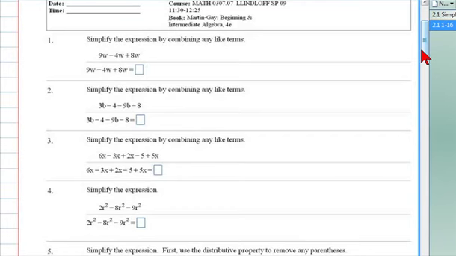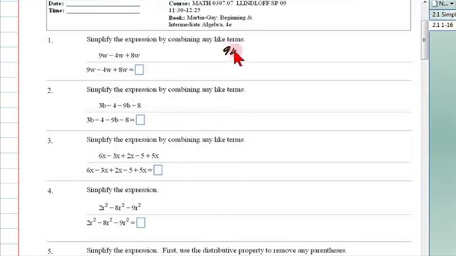All right. I'm going to simplify expressions. Every single problem, what I'm looking for is, can I use the distributive property? Can I combine like terms? So I have 9W minus 4W plus 8W. And so my writing is going to be a little bit bolder than what is on there. Okay? Any distributive property in problem number 1? No, because there's no parentheses. Do I have any like terms in number 1?